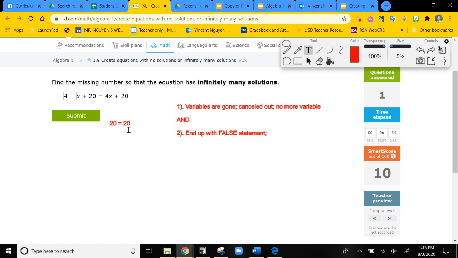Nobody's going to argue with that, right? That is true, and it's always going to be true. So to have infinitely many solutions, you don't end up with a false statement. You actually end up with a true statement.